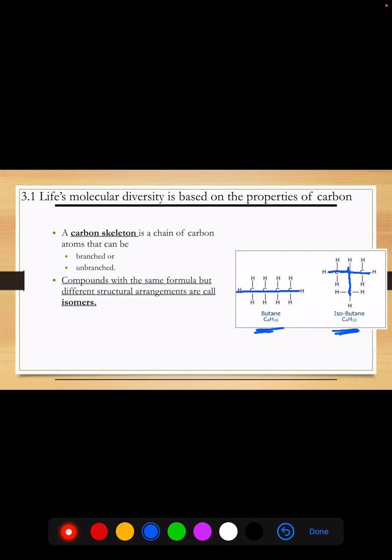So we have to designate which type of structure we have here, whether it's a straight chain butane or it's branched like isobutane. Notice they both have the same number of carbons and hydrogens, so their formulas are the same. They're just organized differently. So that's what an isomer is. Do make sure you are familiar with that definition.